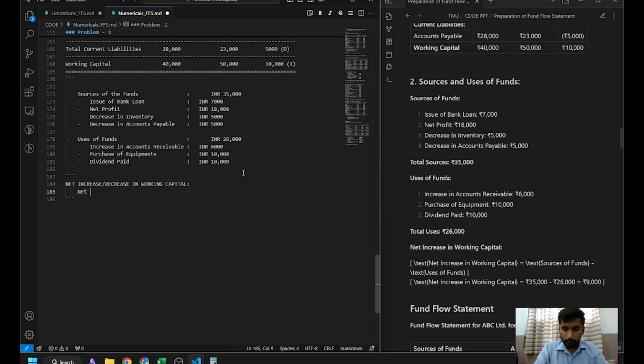Given that net increase, you have to call it changes in working capital, is equal to sources of funds minus uses of funds.